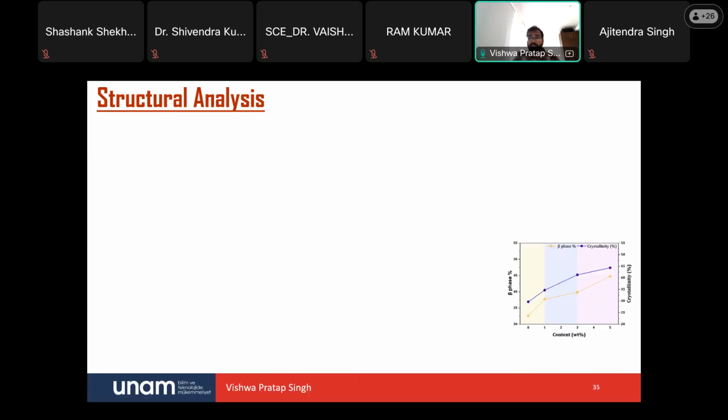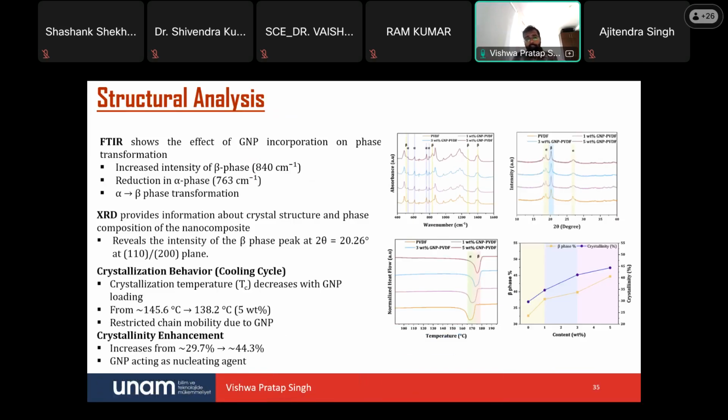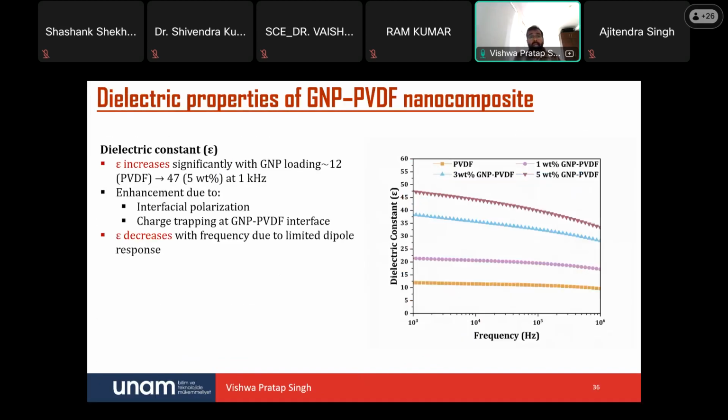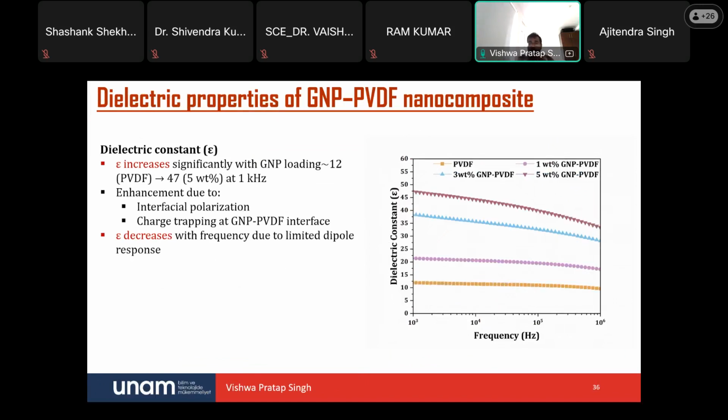Further, we did all the characterization that we generally do for the other measurements. So enhancement in the beta phase, crystalline enhancement, it's always there. We will definitely get it. And we also did the dielectric measurement for this purpose. And like you can see, the enhancement is higher because graphene nanoplatelets are better for making composites.